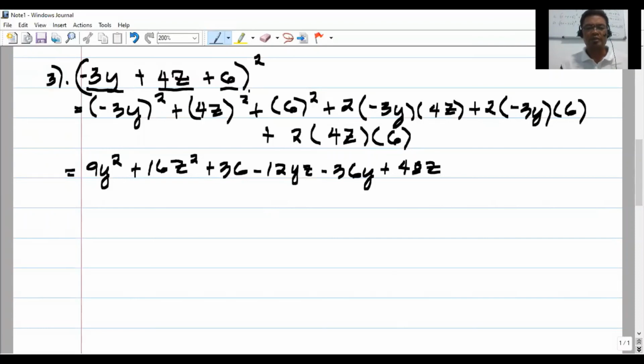And the other terms can be obtained by multiplying the first and the second term by 2, the first and the third term by 2, and the second term by the third term by 2, and simplify the result. Okay? Just remember that the sign of the terms should be carried when we multiply term by term or when we square each term. Okay? I hope you have learned something.